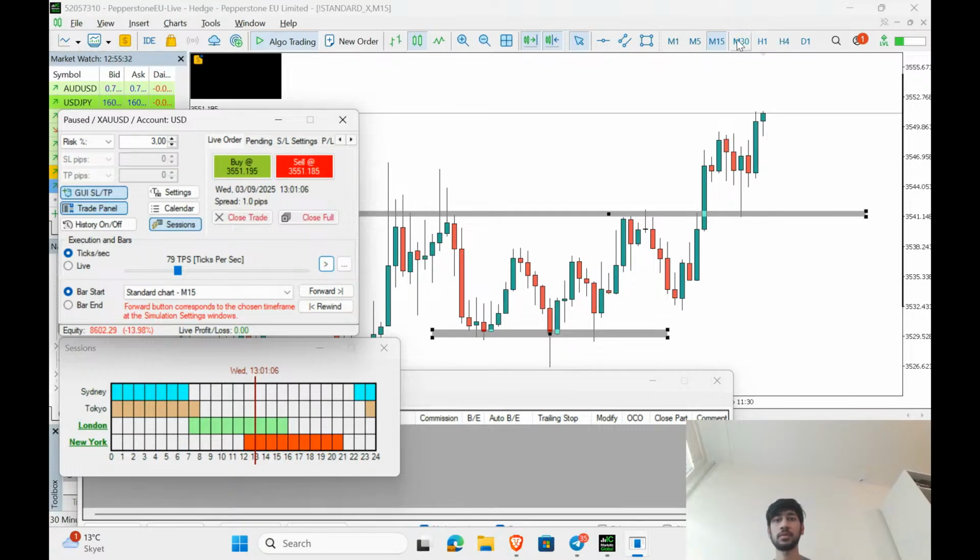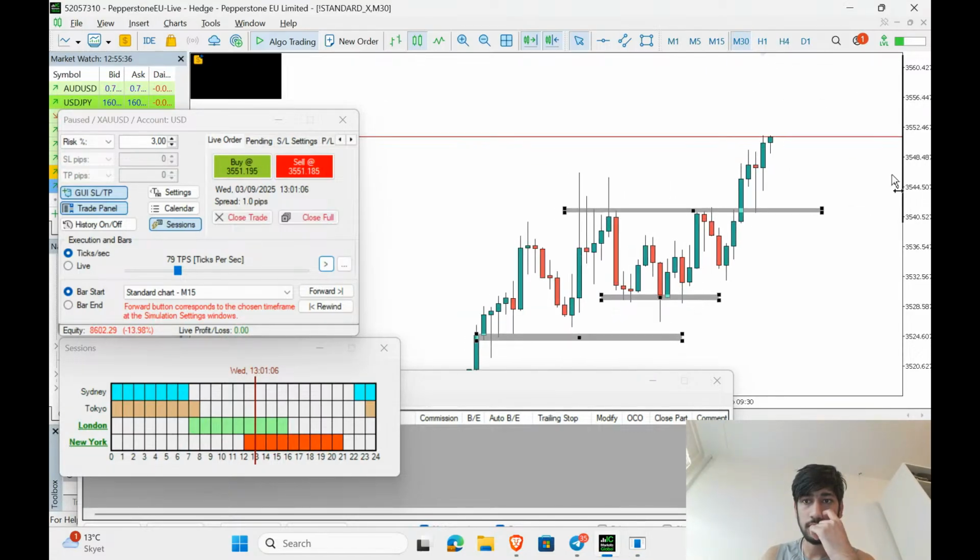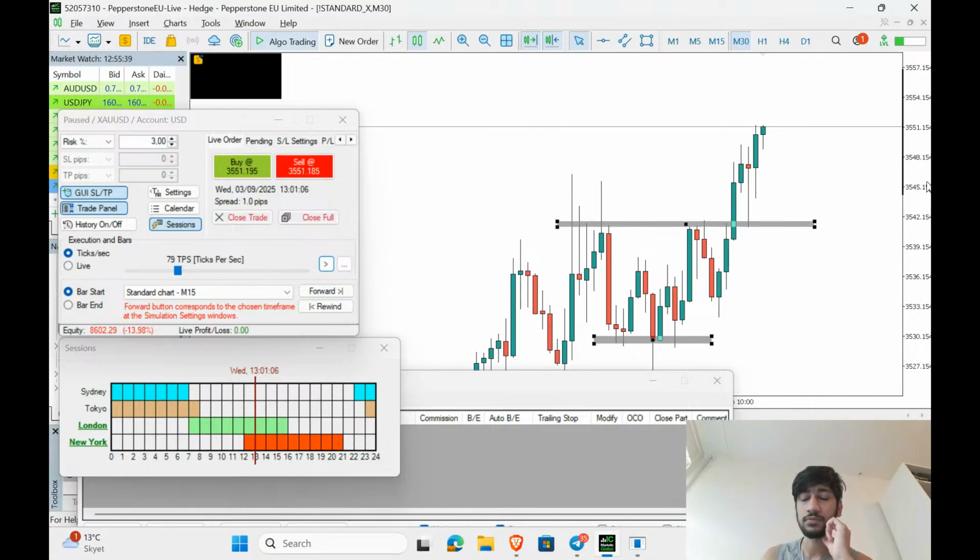Right there, 1 minute 6 seconds. H1 closed bullish. M30 closed bullish. I'm just going on a fucking losing streak, man.